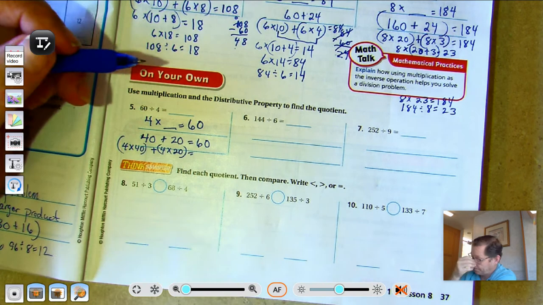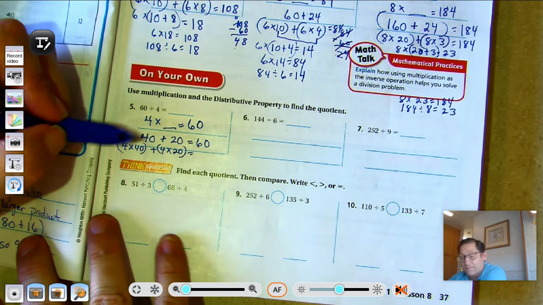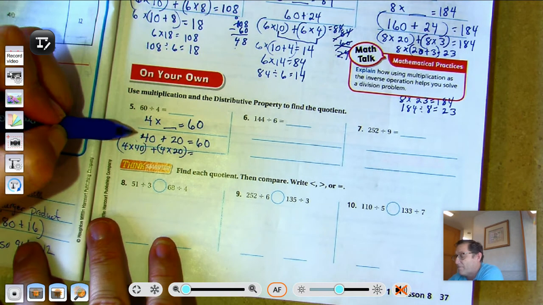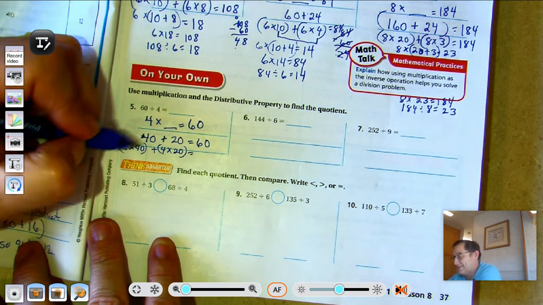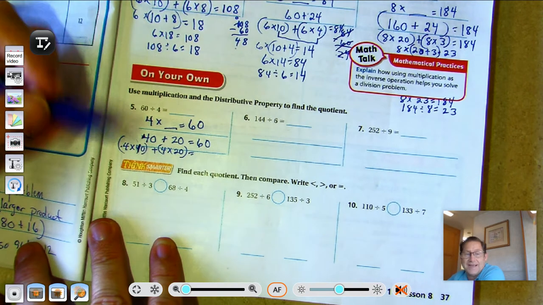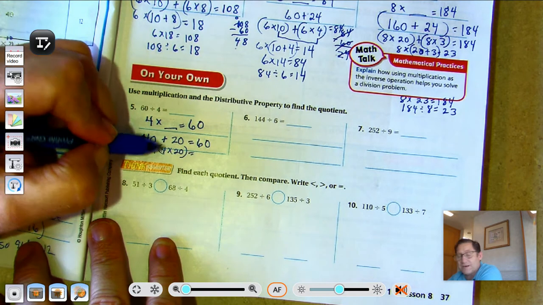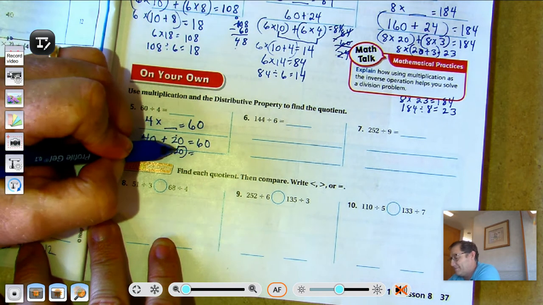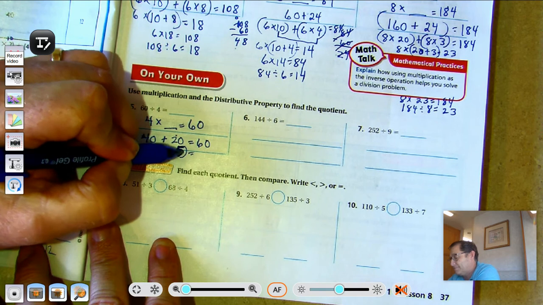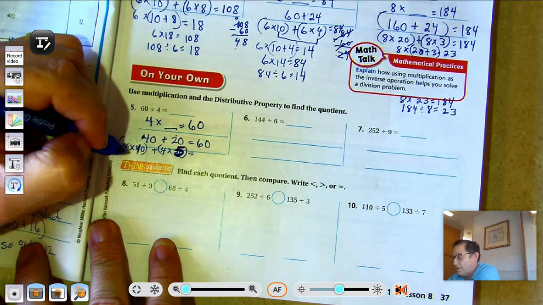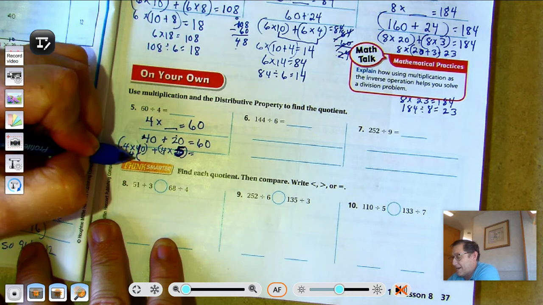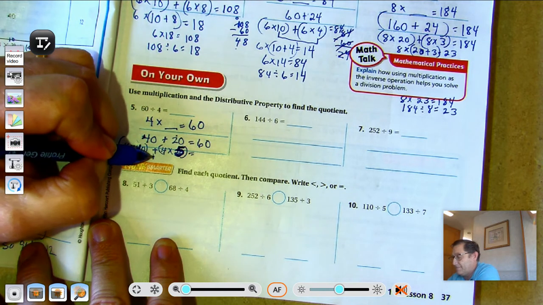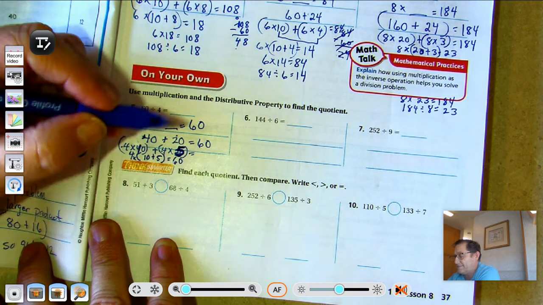Oh, sorry. I had brain freeze there for a second. 4 times what is 40? 10. 4 times 10 is 40. 4 times what is 20? 5. All right, so 4 times the sum of 10 and 5 equals 60.